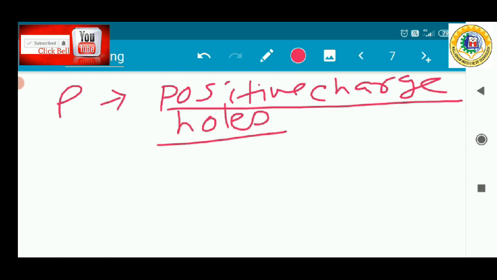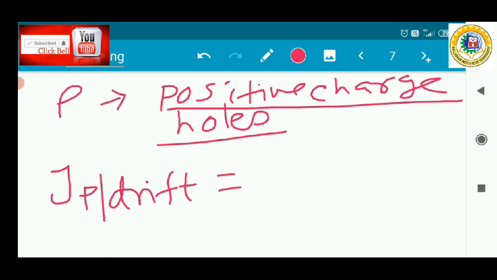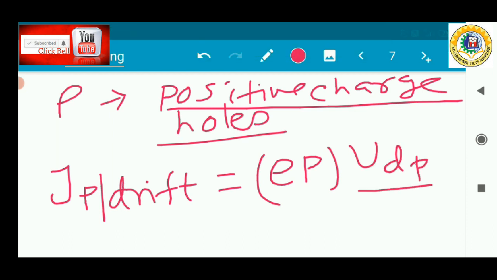Okay, so we are considering the positive charge holes, so that's why p for the holes, and the drift current density for the holes is denoted by e into p into Vd. So Vd is the velocity, and p is the volume charge density. Now this is the equation for Jp drift.